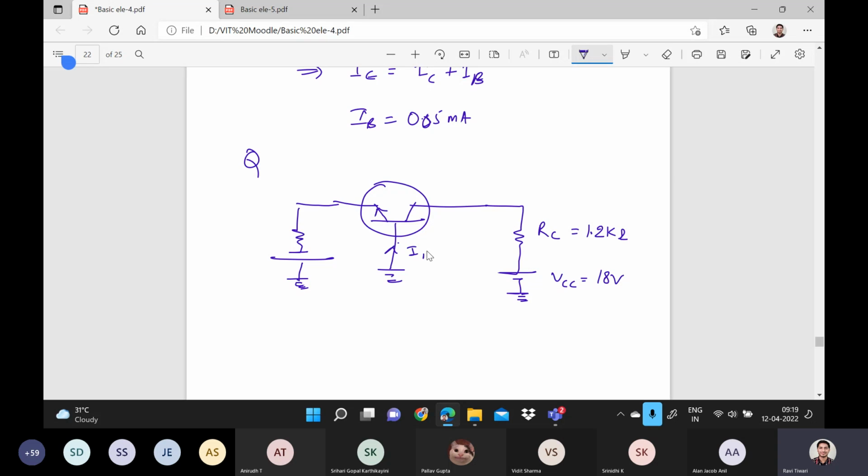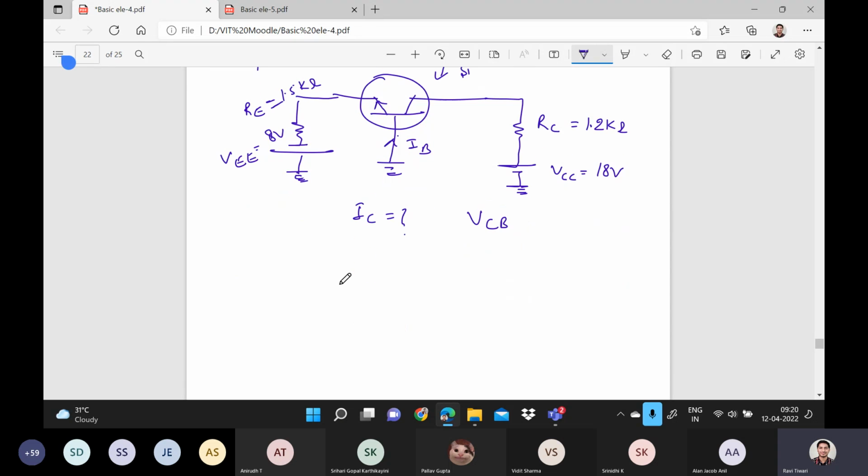This is the value of IB. This is RE, that is 1.5 kilo ohm, and VEE is equal to 8 volts. So this is a common base circuit. Okay, and they said to find the value of IC and VCB, the collector to base voltage. Assume that the transistor is made from silicon. Okay, that was the question.